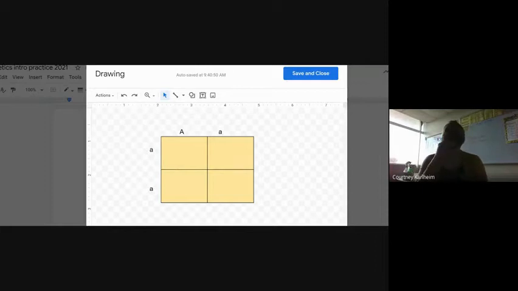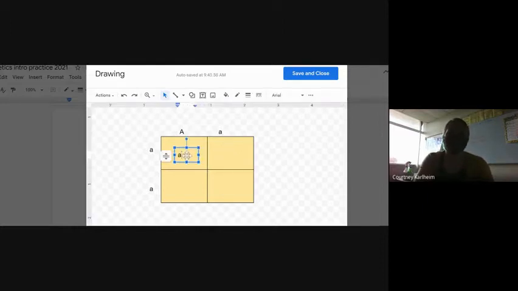Okay, so how we complete the punnett square is we take the top A. I always go with the capital letters because we always want to write those first. What we do with the top letters is bring them down. So this A goes down to this box and this box underneath it. And this little a goes to this box and this box underneath it.